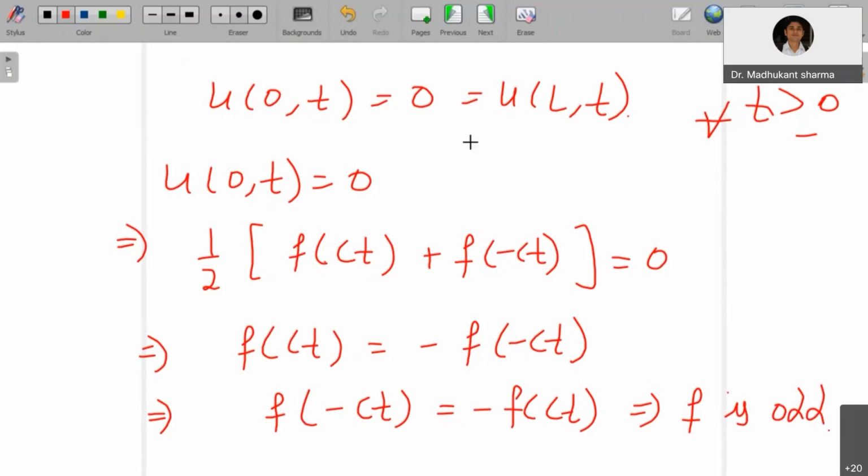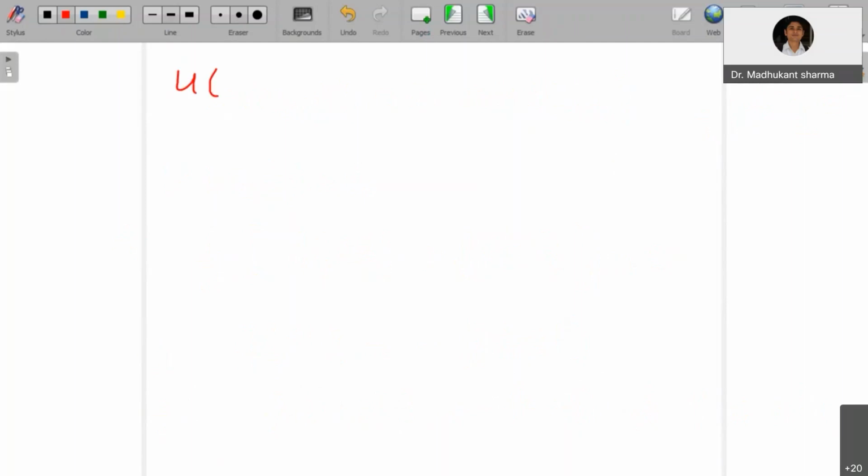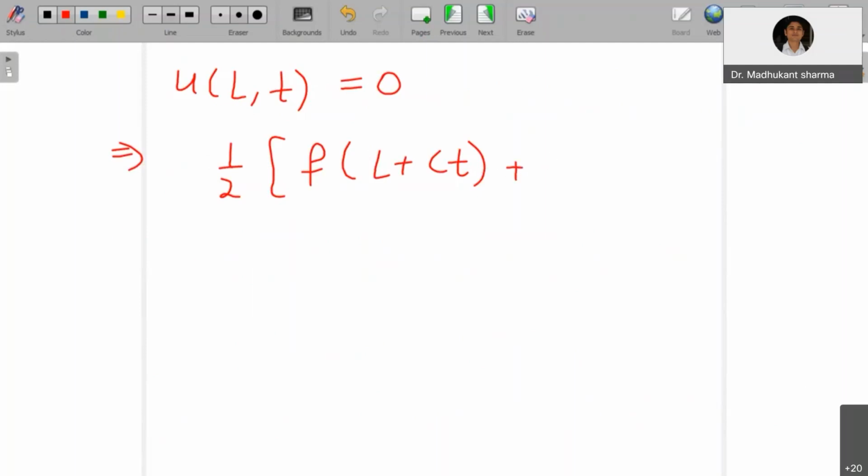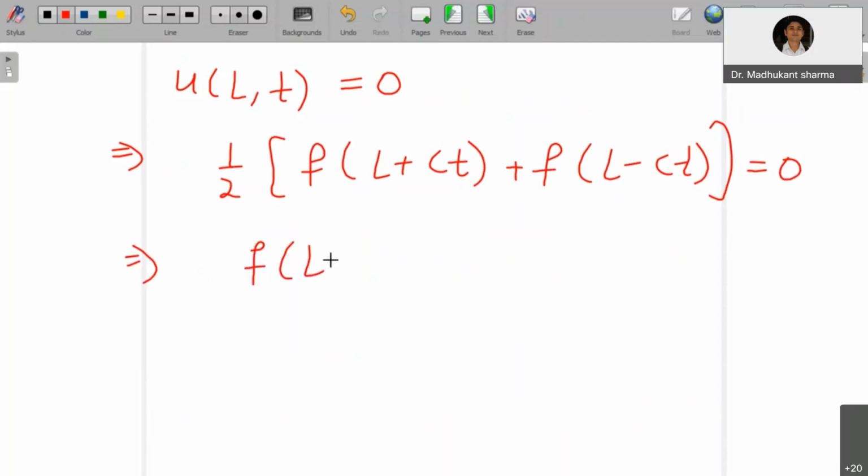Now the next condition, u of L comma t is 0. So u of L comma t equals 0 gives you 1 by 2 times f of L plus ct plus f of L minus ct equals 0. So this will imply that f of L plus ct is equal to minus f of L minus ct.